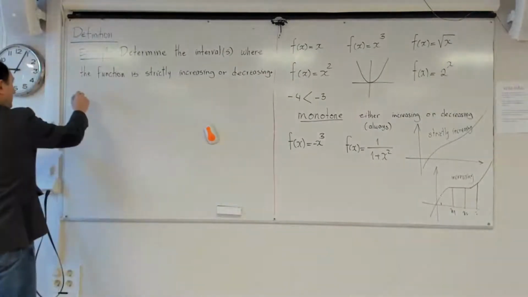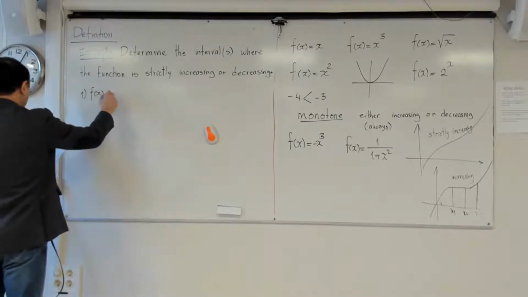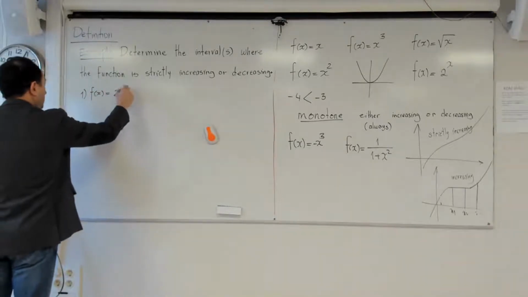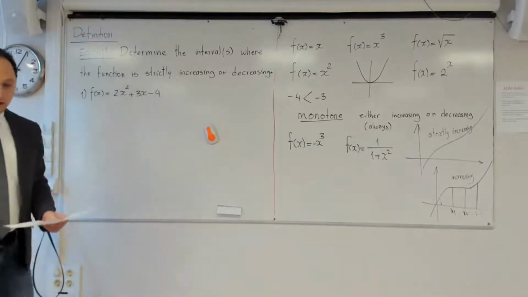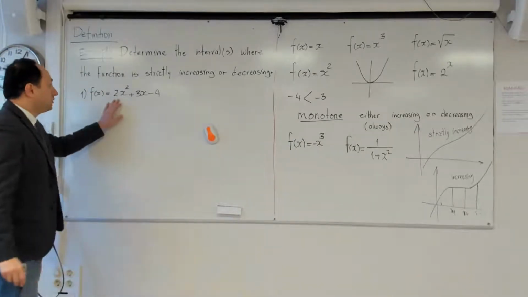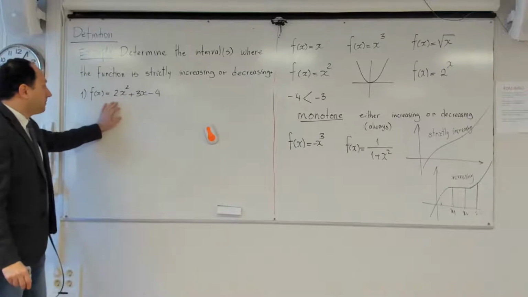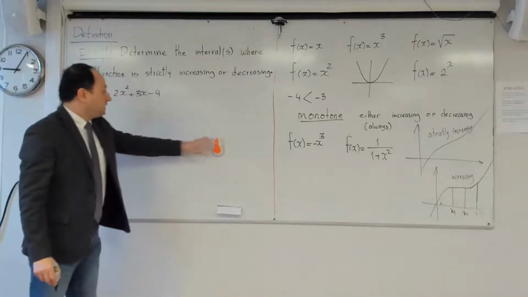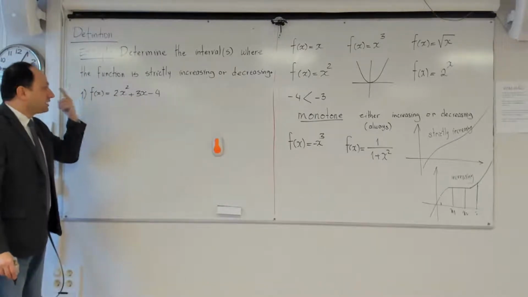Let me start with a very simple one. So here, f of x is equal to 2x squared plus 3x minus 4. Okay, so here I want to see on which intervals this function is increasing and on which it is decreasing. So you see, this has an odd behavior because it is not clear.